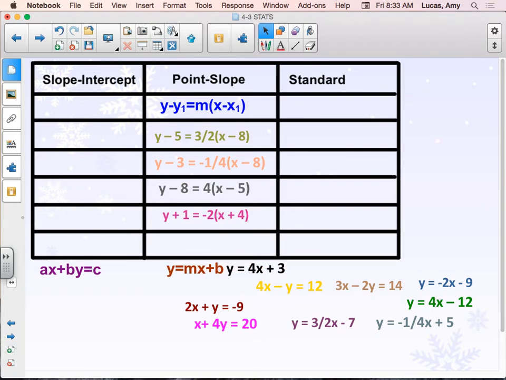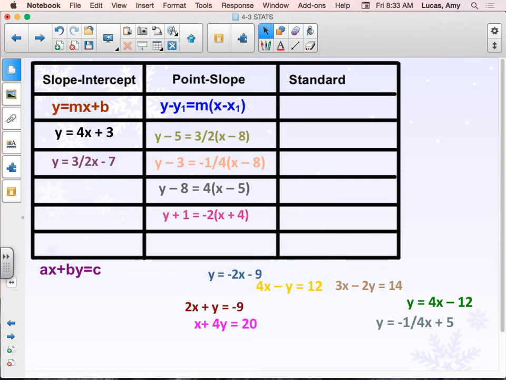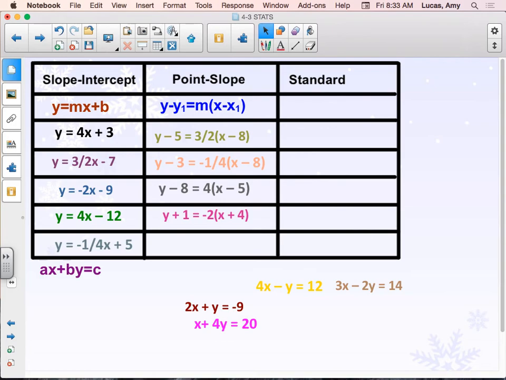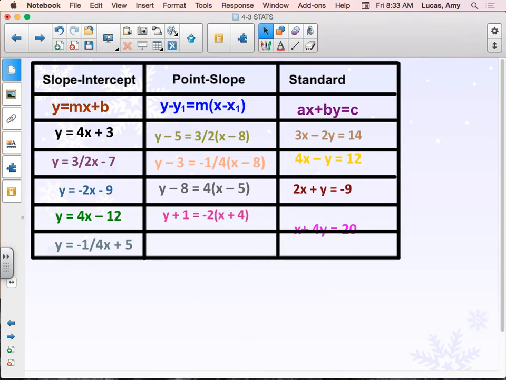Then we've got slope intercept solved for y. So the ones that start with y equals are slope intercept form. And last but not least, standard form, ax plus by equals c. There we go.